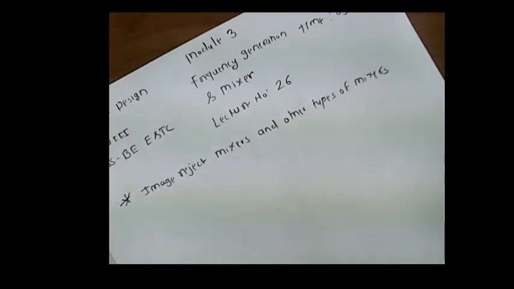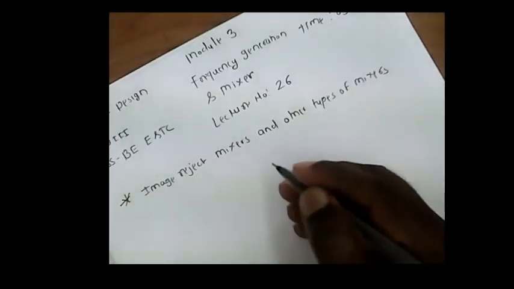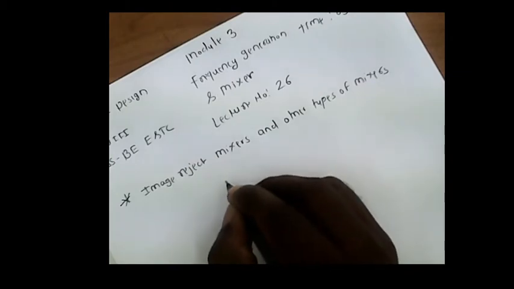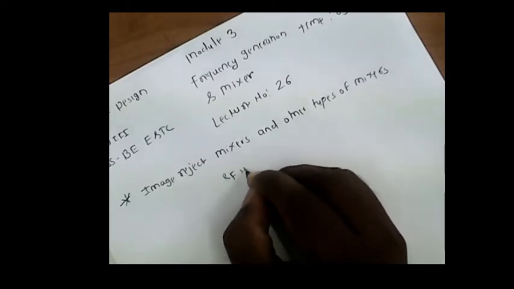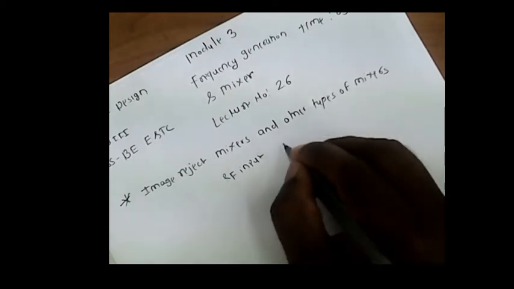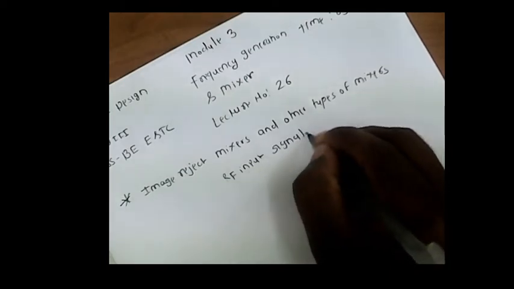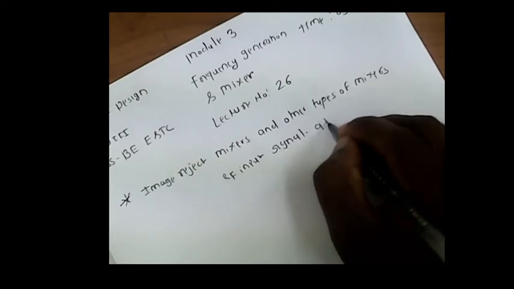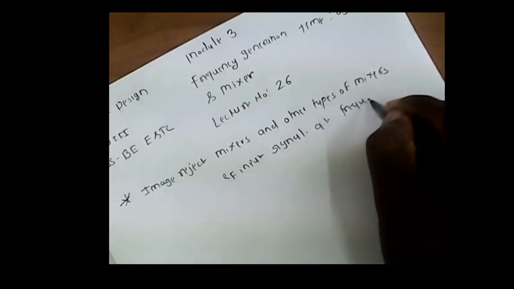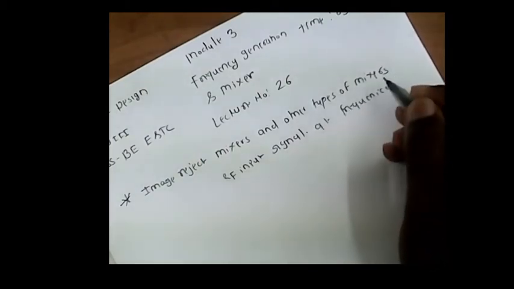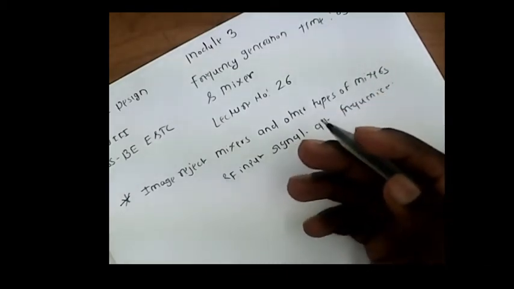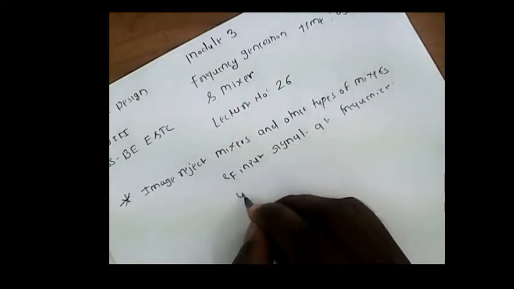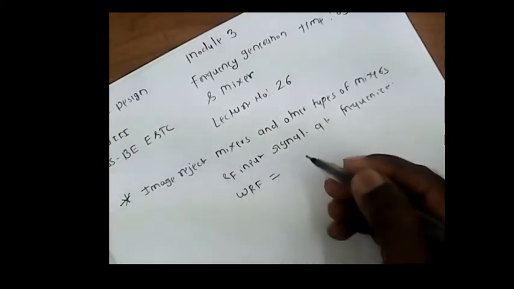So we know that the RF input signal consists of two distinct input signals, a combination of two frequencies.